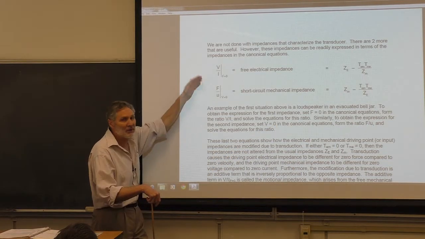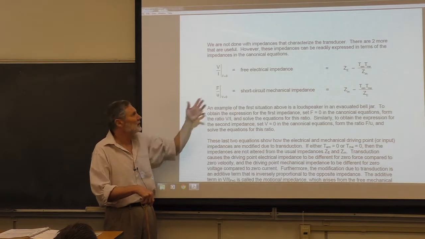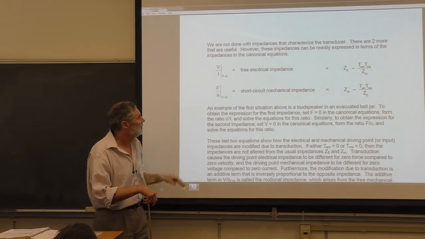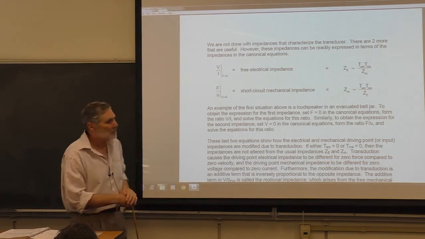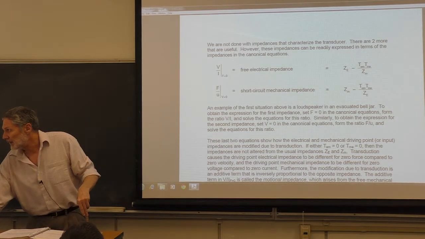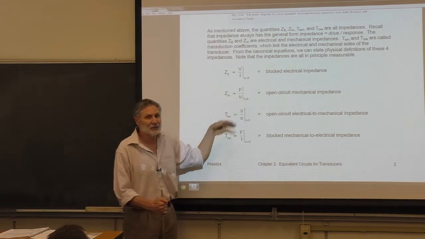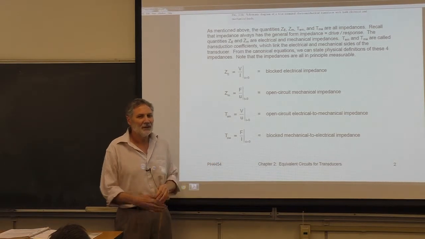Now, on this symmetric side, we can do the same thing for the mechanical impedance. It's the same idea. Remember before, we had no current, right? Open circuit. Now, what's the opposite of that? It's a short.